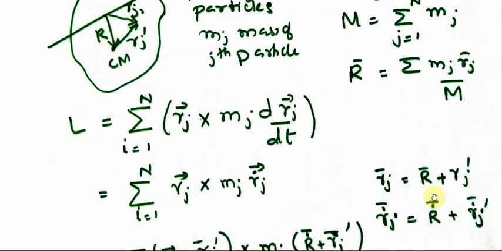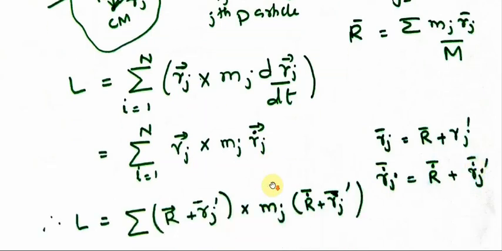You can split it. So drj by dt, which is rj dot, will be equal to dr by dt, which is r dot, plus drj prime by dt, which is rj prime dot. So I can make that substitution over here.